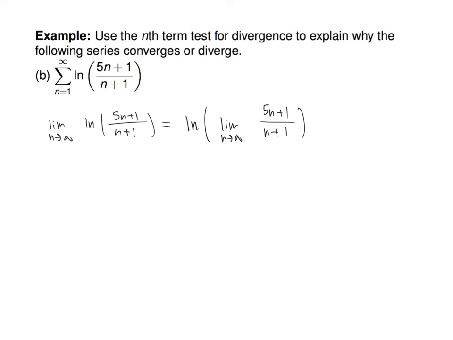And then the stuff inside the ln goes to 5. And is ln of 5 equal to 0? Probably not. Well, ln of 1 is 0, but 5 is not. So thus, the series diverges. It seems like that's going to happen a lot.